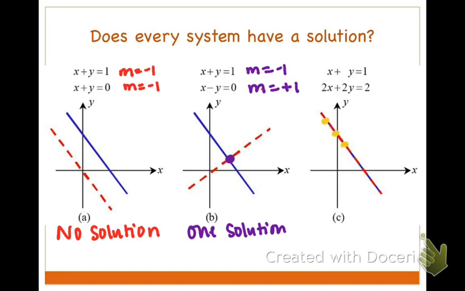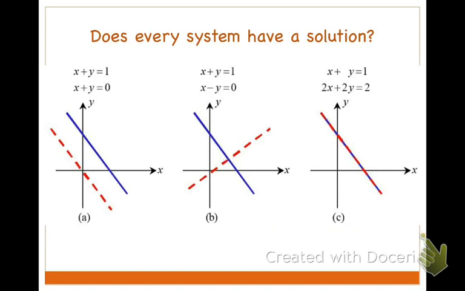We don't just have 1 or 2 or 3, but an infinite number of solutions. So when you have a system of 2 linear equations like we have here, you can have no solution, one solution, or an infinite number of solutions.